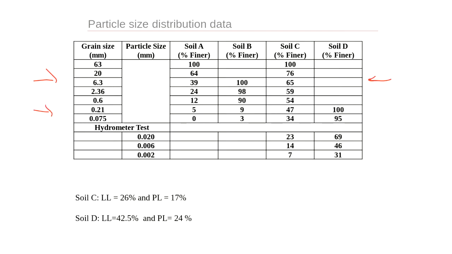It says soil C has a liquid limit and plastic limit, and soil D has a liquid limit and plastic limit, which means these soils are plastic. We're going to have another laboratory in week 6 on how to do this test. I already uploaded the videos on how to do the liquid limit test and plastic limit test, and you can watch them already. But this will be in a few weeks, in week 6. So these are plastic soils.